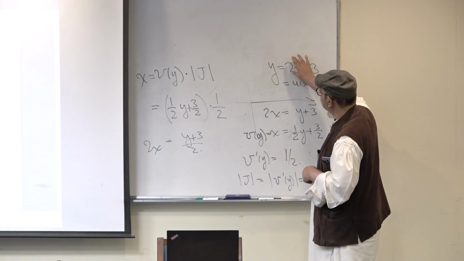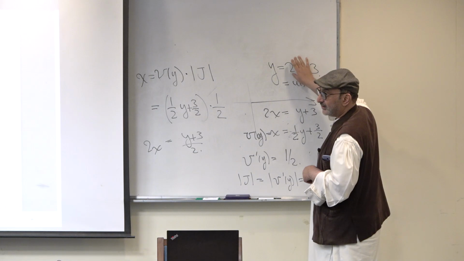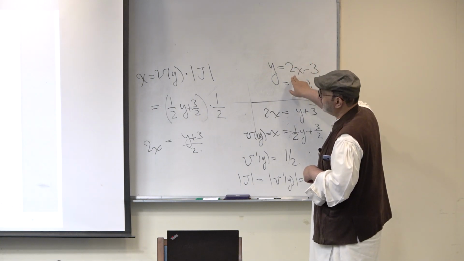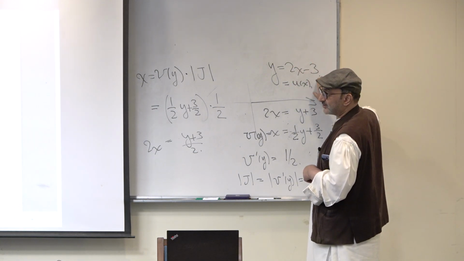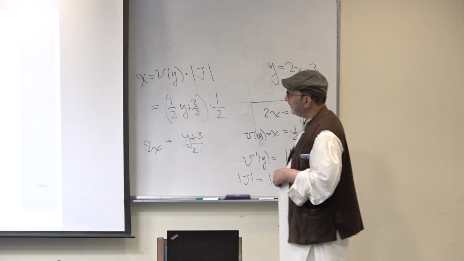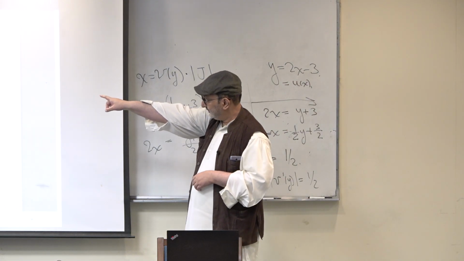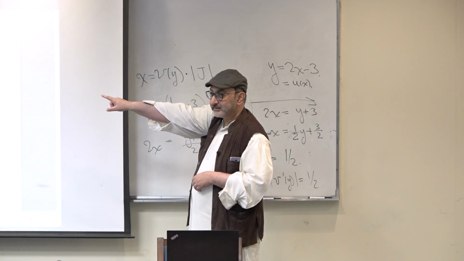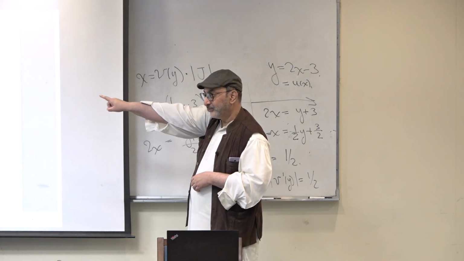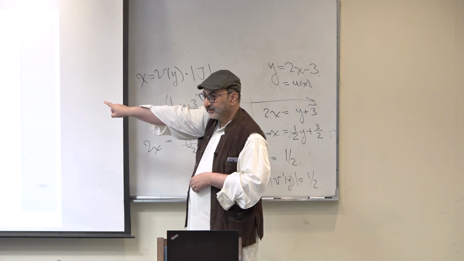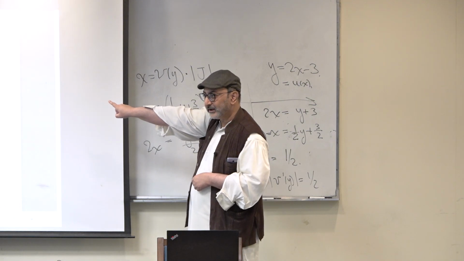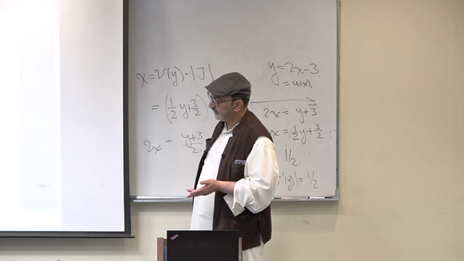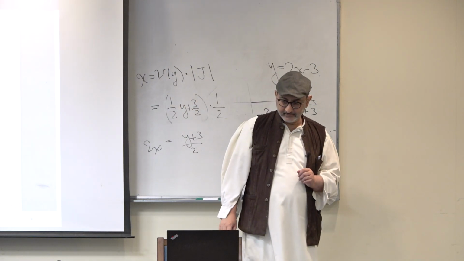Okay, so when x is 0, this is minus 3. And when x is 1, this is minus 1. Okay? So we need to replace that over there. We have the range for x. You have to replace it by the range for y. And you can leave the 0 alone.